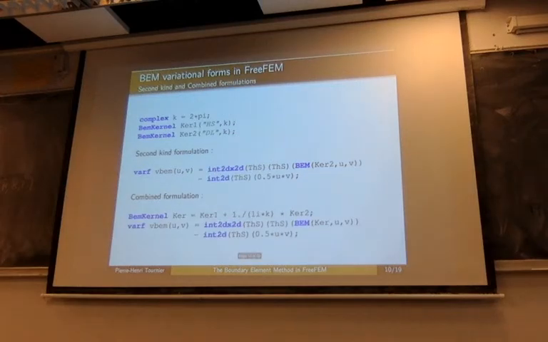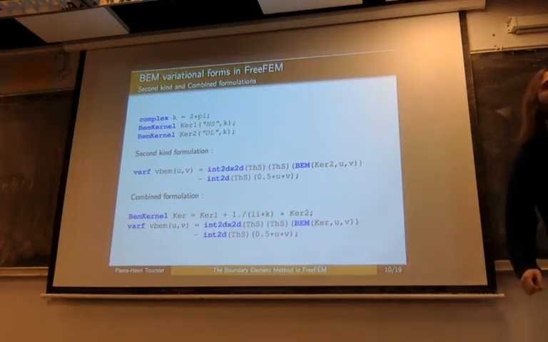Okay, and you can also do a little more complex stuff. As Xavier mentioned, you also have the second kind formulation. I think this just amounts, for example, to adding a mass matrix term in the formulation. So for example, double layer kernel plus a mass matrix with a coefficient here will be a second kind formulation.